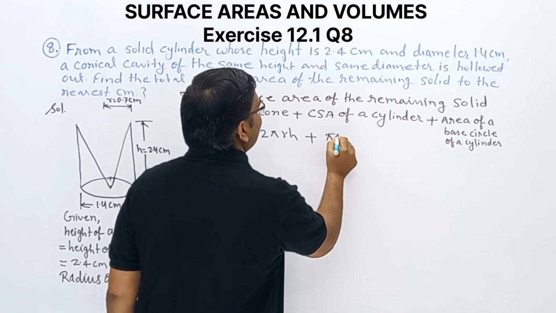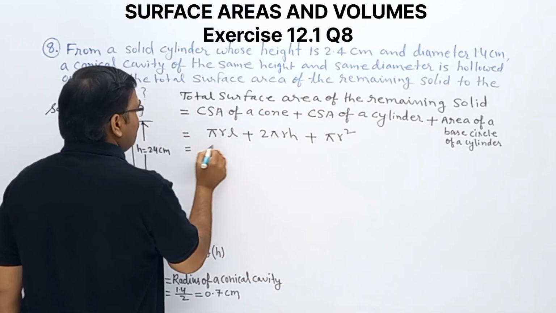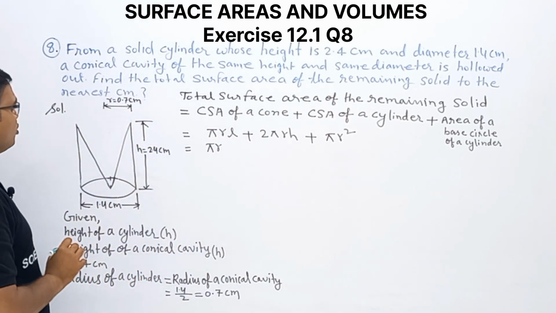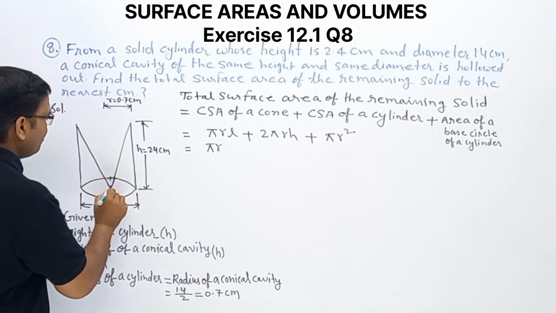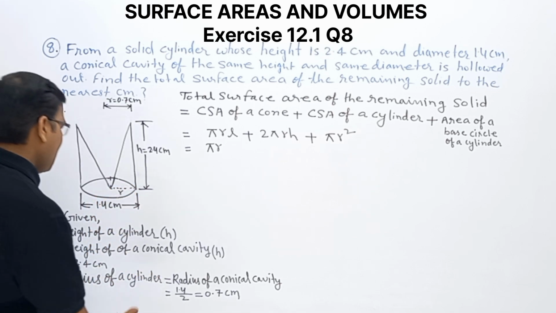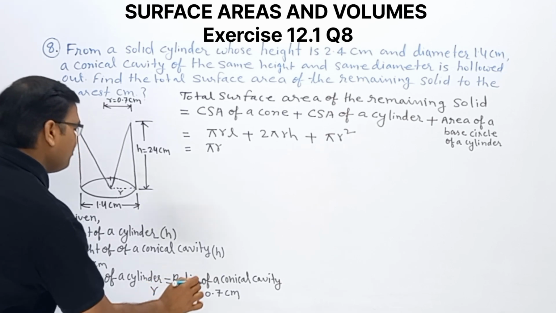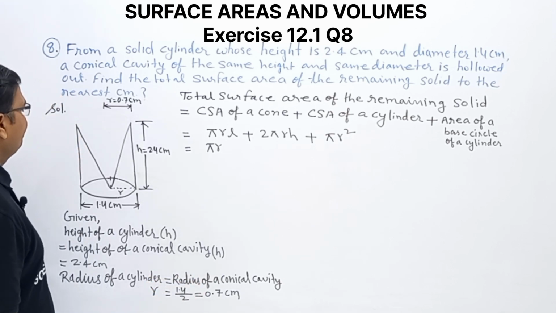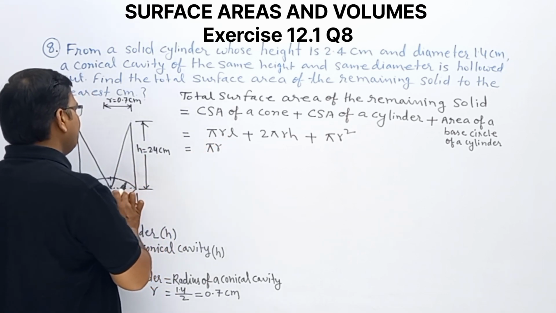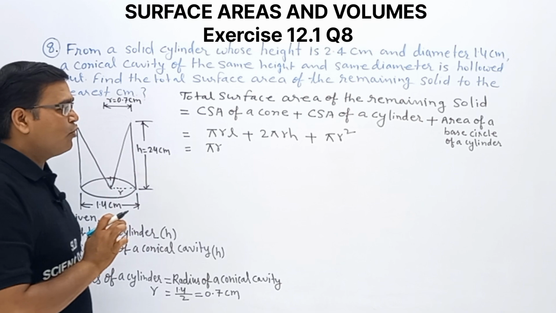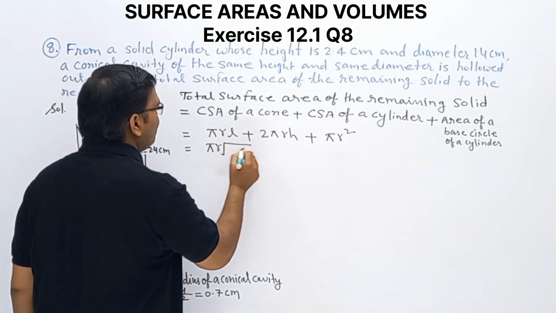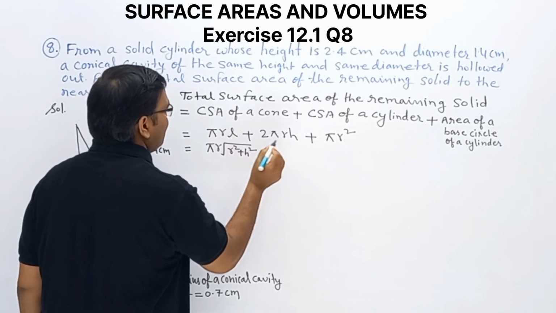and this is pi r square. Now l, h and r we have from this to this one. This is the radius r, and r equals 0.7 centimeter. Clear? Half of this one. We do not have l. We have r and h of the cone, but not l, so this can be written as root of r square plus h square.